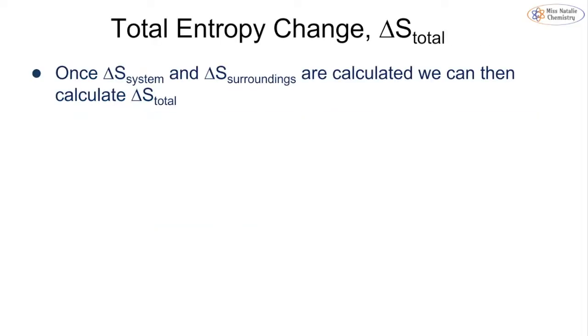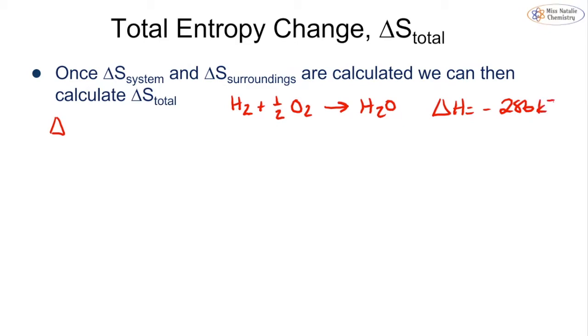Now, once we've calculated our entropy of system and our entropy of surroundings, we can then calculate our total entropy. So we've just said, for if we take that same reaction, so the H2 plus a half O2, giving us H2O, and we said that the delta H was minus 286 kilojoules per mole.